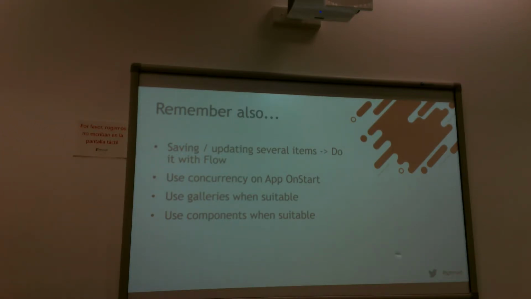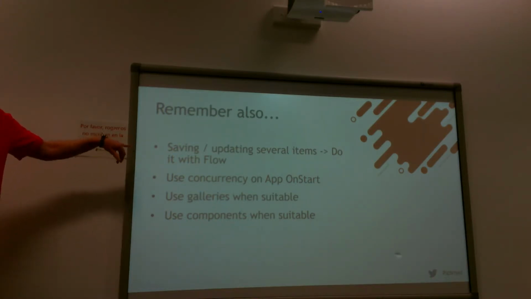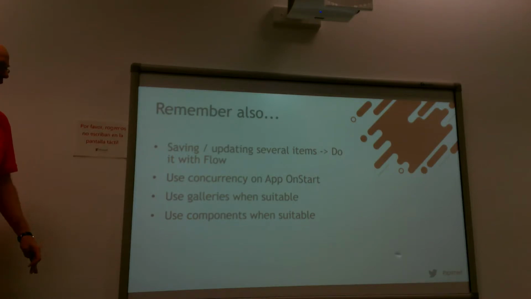It's 1.5 minutes. It's not okay anymore. So if you have that kind of operation, you should pass that operation to a flow and do it there, because you can use concurrency there.